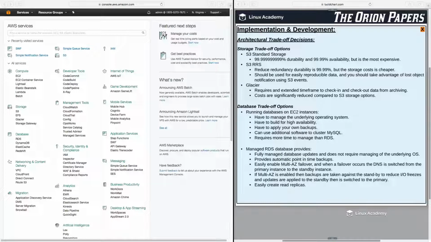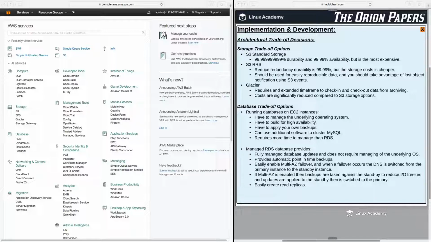Also, if multi-AZ is enabled, then backups are taken against the standby instance, and this improves performance by reducing I/O freezes. And this is just a great way to help improve performance on our overall application. It's also super easy to create read replicas, which again just allows for greater performance and easier backup solutions.